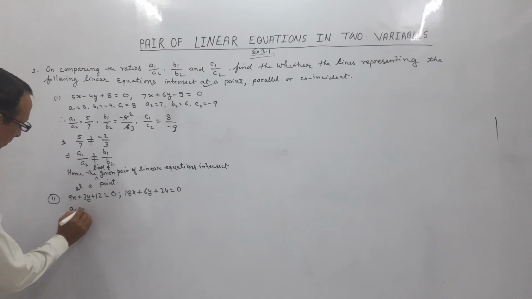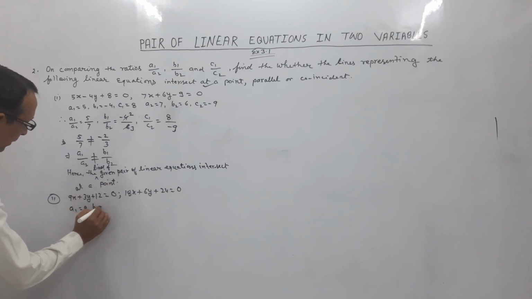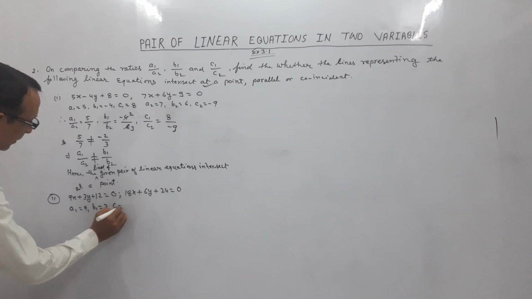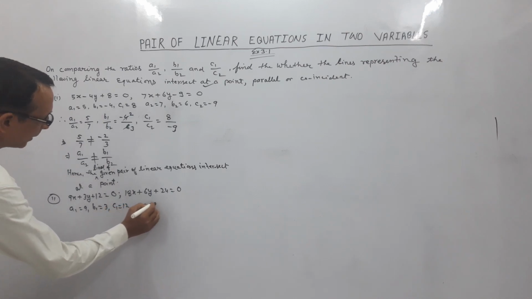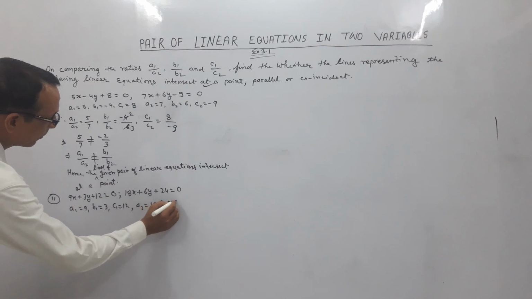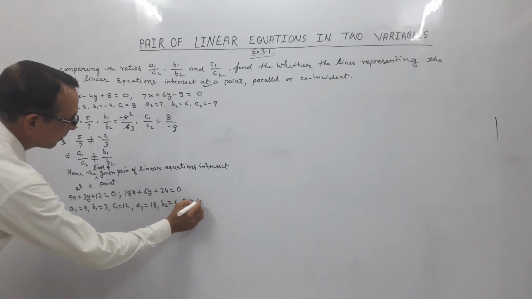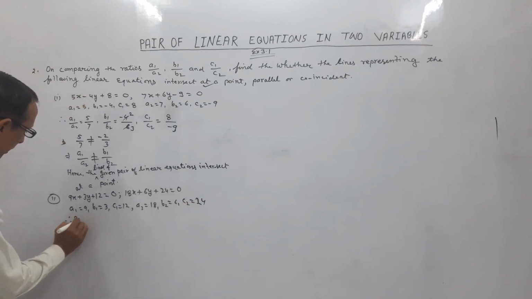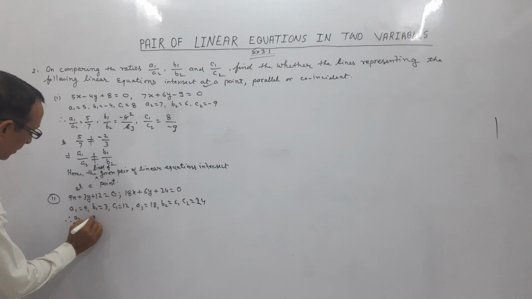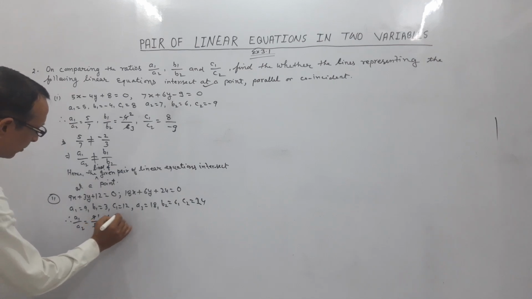So a1 equal to 9, b1 equal to 3, c1 equal to 12, a2 equal to 18, b2 equal to 6, c2 equal to 24.